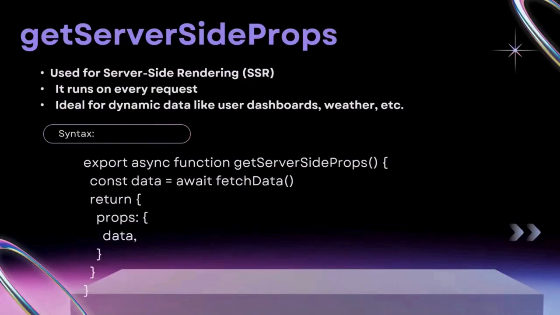getServerSideProps. Use it for server-side rendering. It runs on every request. It is ideal for dynamic data, such as a dashboard or weather. Export async function getServerSideProps, const data = await fetching, return props with data. Here you can see a dynamic dashboard.